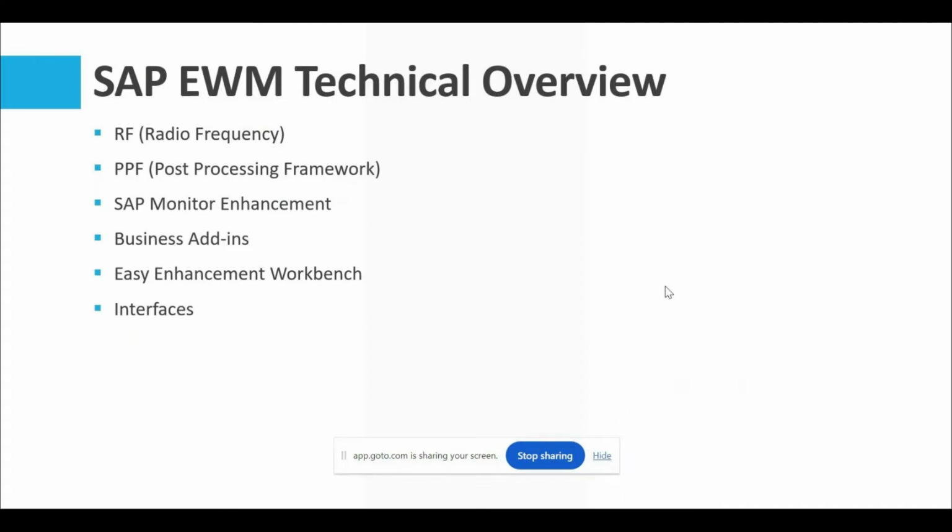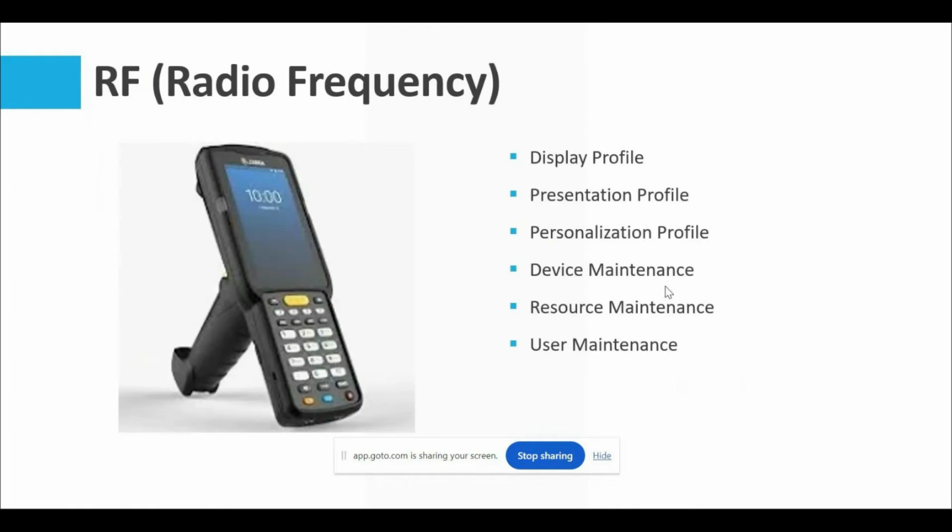So let us start with the basic objects which are used regularly in the SAP EWM world, and then let us go to objects which could be a complex area from a technical point of view. Okay, so for the radio frequency object, you mentioned SOA, Tushar, right?